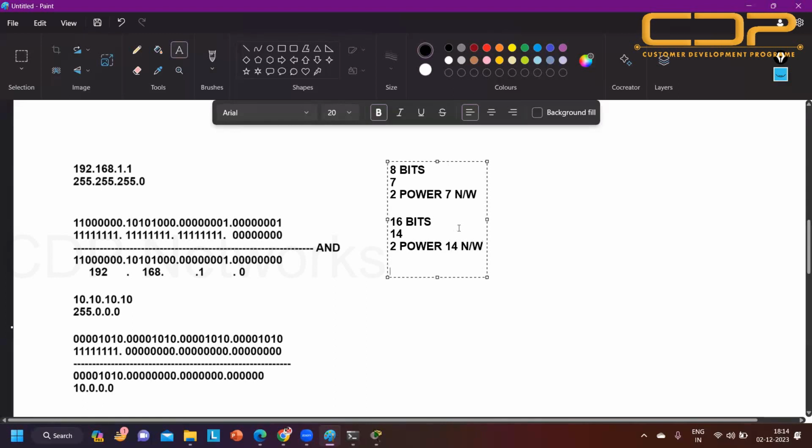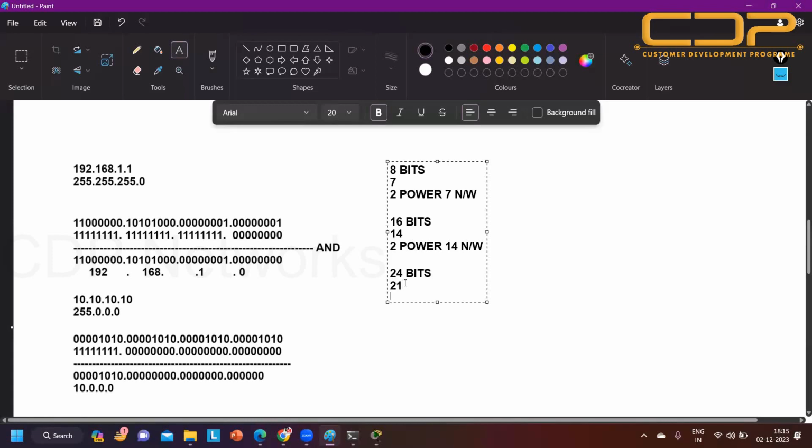And from class C, again, for class C, how many network bits do we have? We have 24 network bits for class C. But out of 24 bits, I have reserved 3 bits. So the total number of free bits is 21.